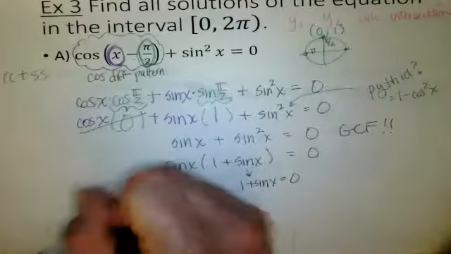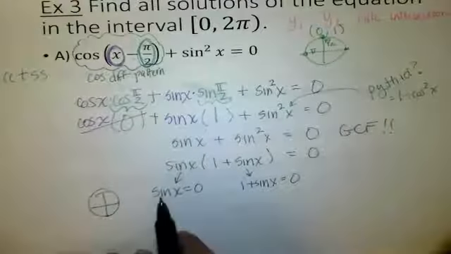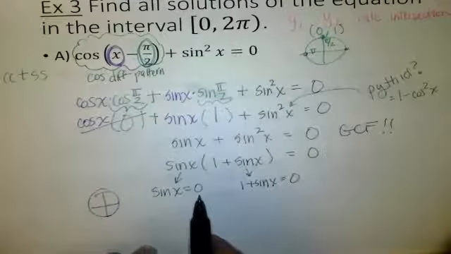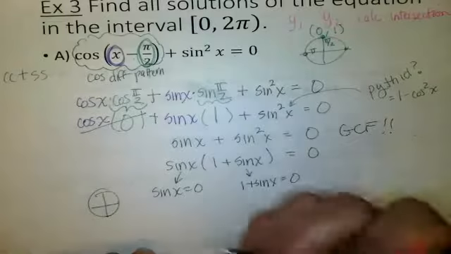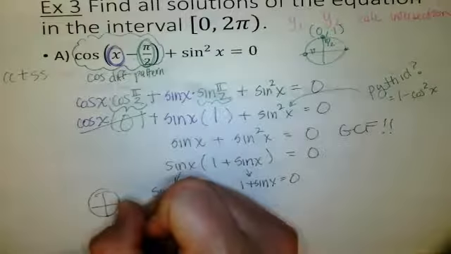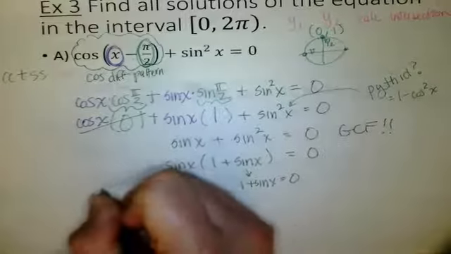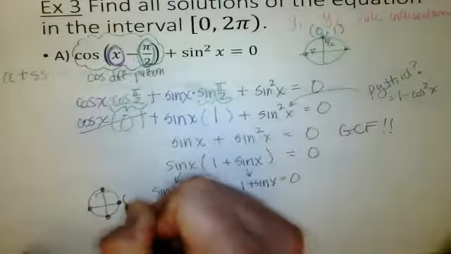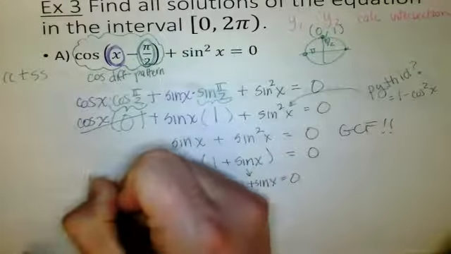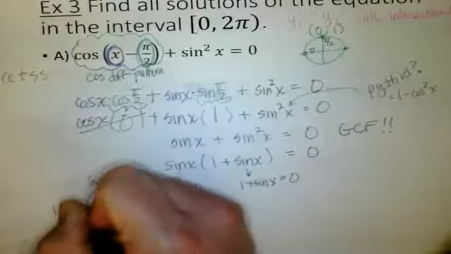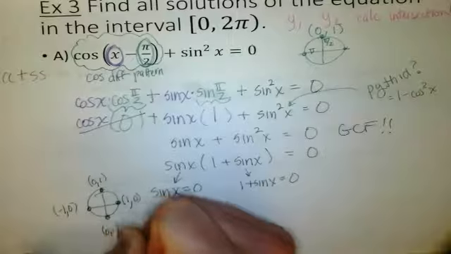And we can figure out now, where does sine have a value of 0? So it has to be at one of these quadrantal angles, right? 1, 0, 0, 1, negative 1, 0, 0, negative 1.